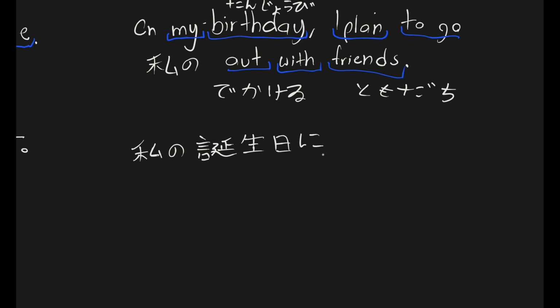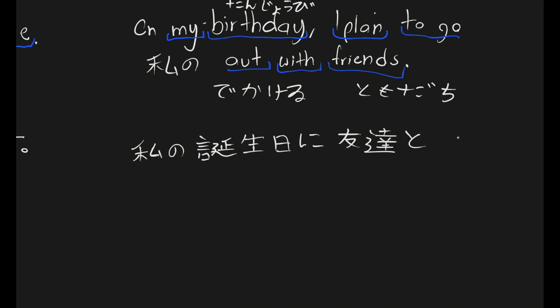So this ni is emphasizing that it's on, like during or on my birthday. Then we go tomodachi, and I'll do the kanji for tomodachi as well. This is tomo, and dachi. Tomodachi, and then with, the particle you want to use is to. So tomodachi to means with friends. So you want to use to for that with.